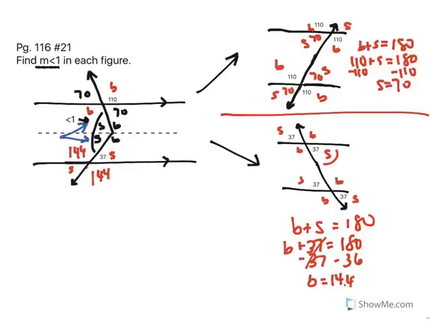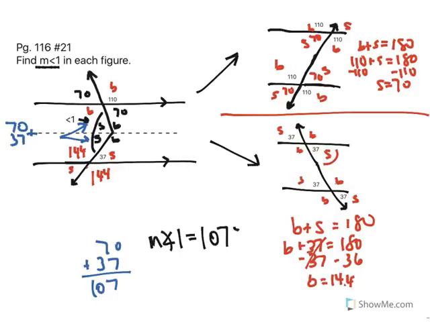The small from the top is 70 and the small from the bottom is 37. So I'm going to add them together to get the measure of angle 1. 70 plus 37 gives me 107. And the measure of angle 1 is 107 degrees.